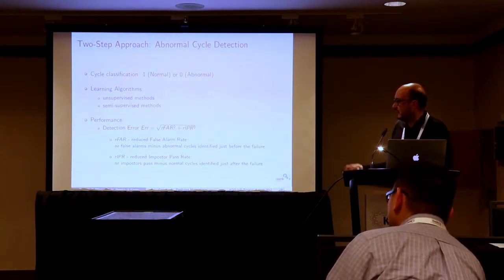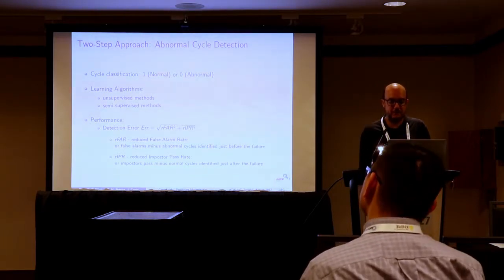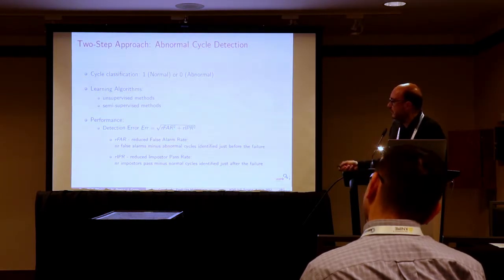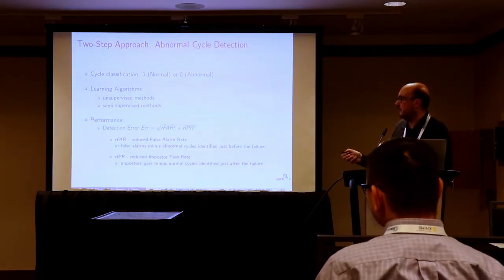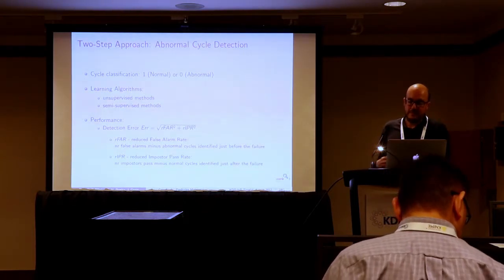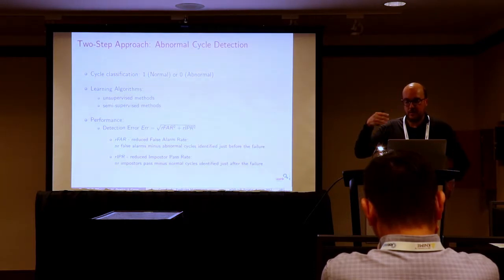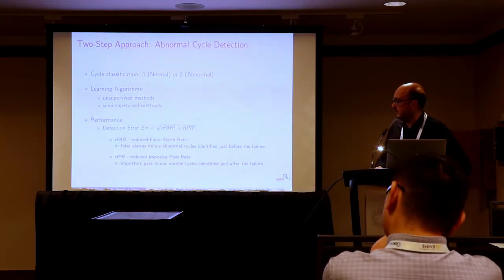The detection error is based on the false alarm rate and the impostor pass rate, which means false positives and false negatives. We detect the errors and then we want to minimize this error. We also want to reduce false alarms because we want to take only the real ones, since once there is a failure we are going to have some detections, and we should remove these from the measure. This is why we use this reduction.